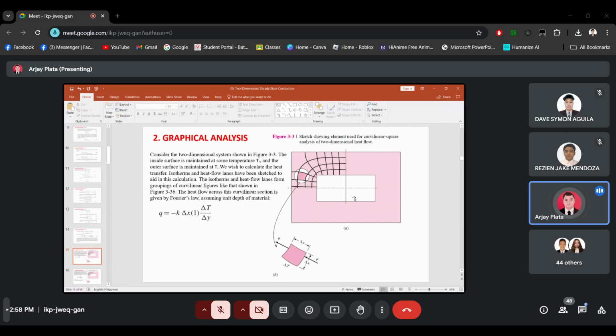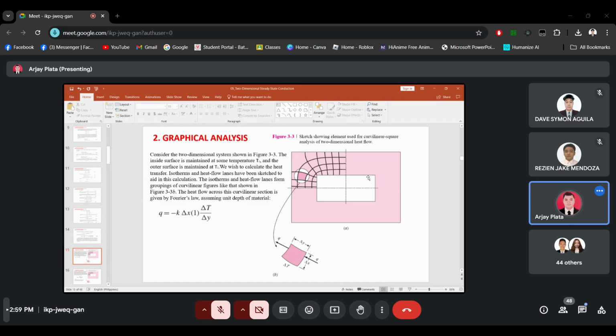So the heat flows across the curvilinear section. That's what you can see here. Let's study the first quadrant first, and then we can multiply it by 4 since we have 4 quadrants.